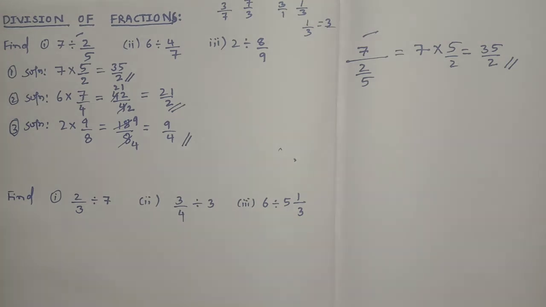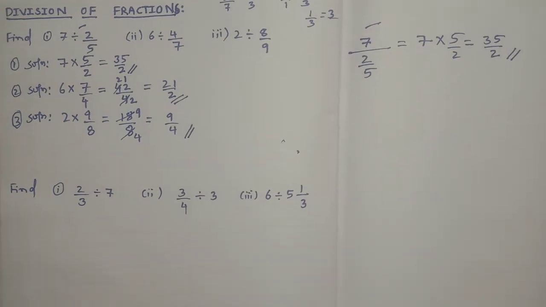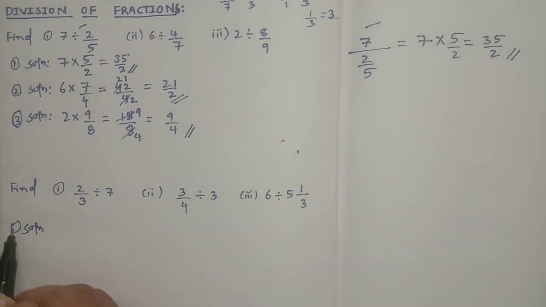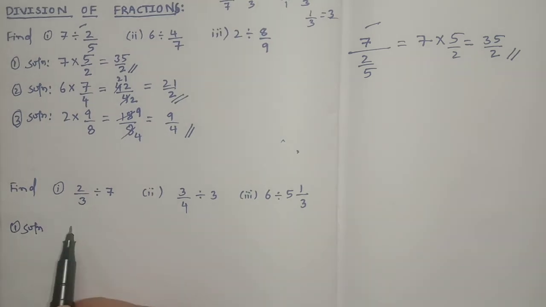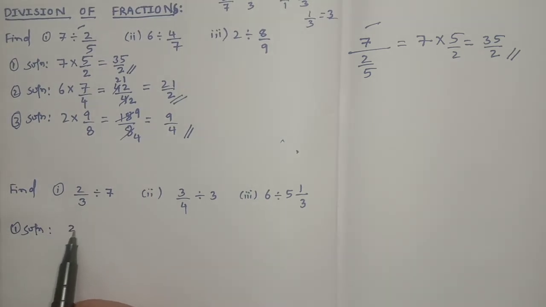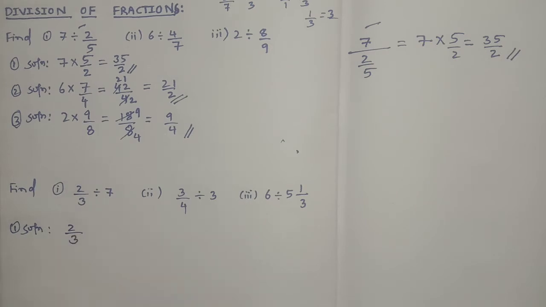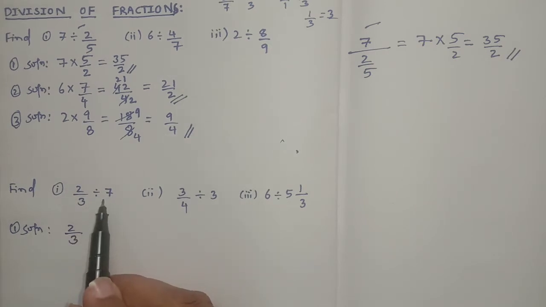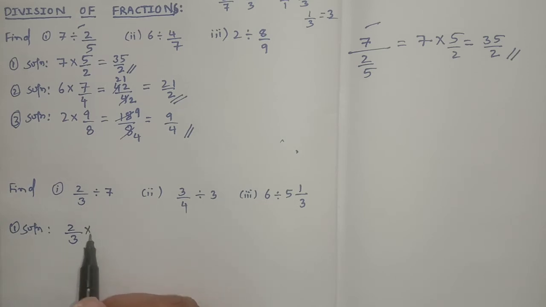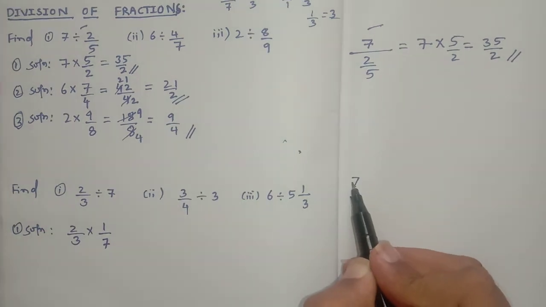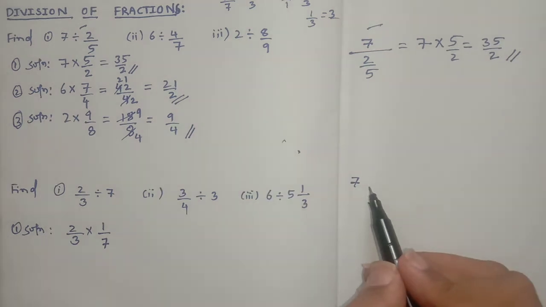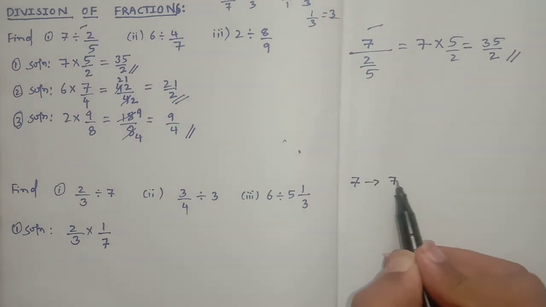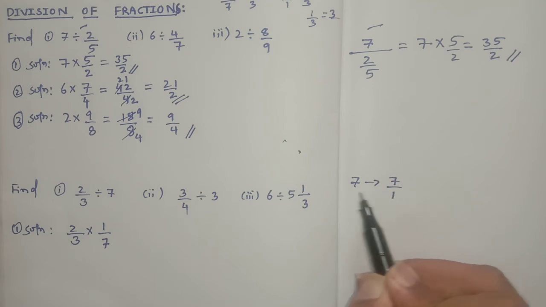Now, the second one, student. This we have done. Now, solution for the first one. 2 by 3 as it is. This is 7. Reciprocal of 7 is 1 by 7, student. Why? 7 can be written as 7 by 1. 7 by 1 is again 7.